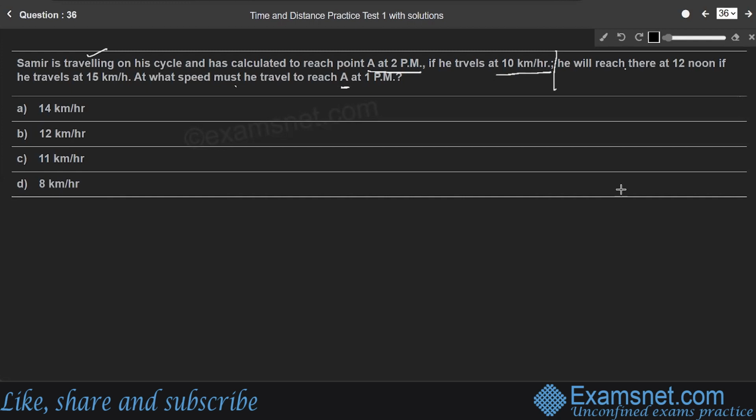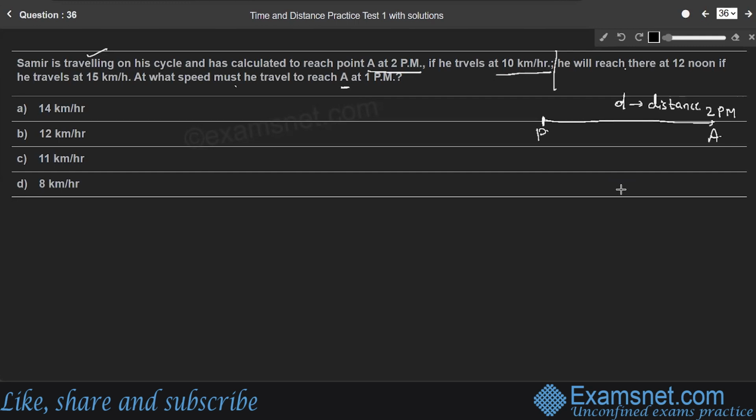So students, we'll consider Samir's starting point somewhere here, right? So he's traveling on his cycle and he will reach point A at 2 p.m. So let D be the distance between his starting point P to place A, you can consider, right?